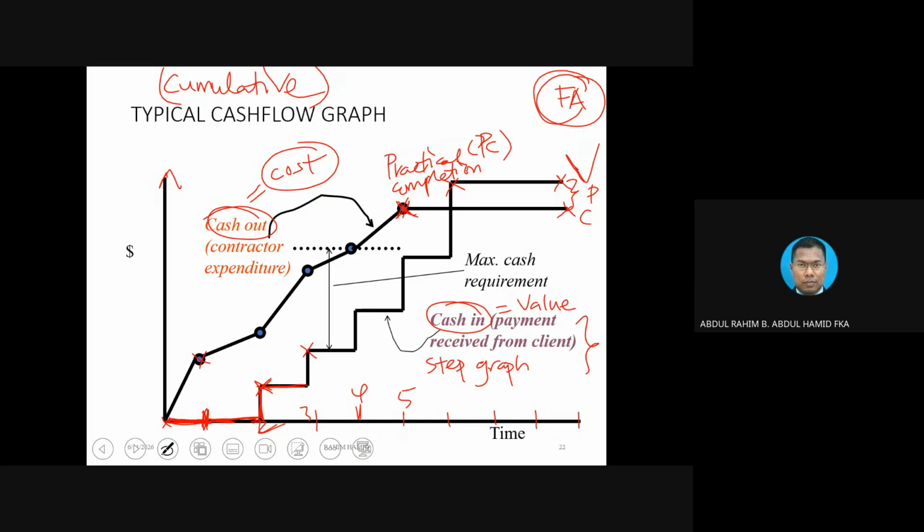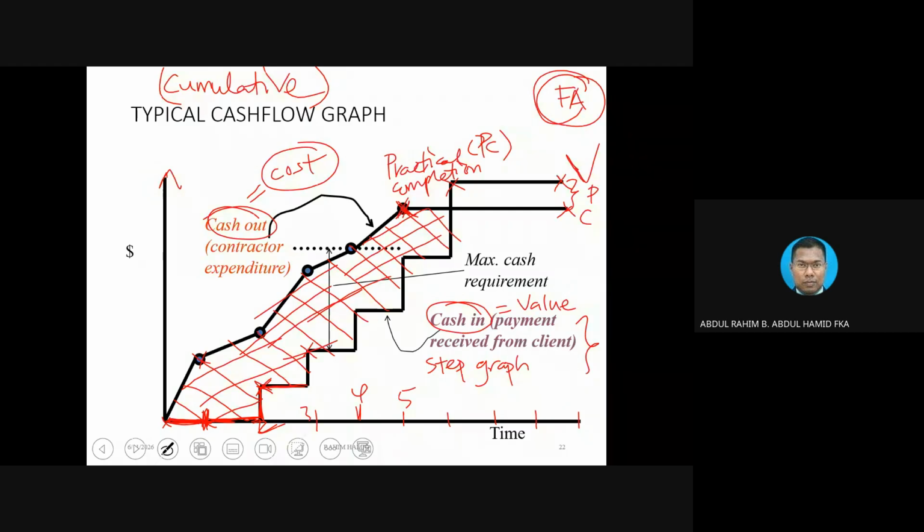And you notice what happens when we plot the graph. This is what happened. You see the part that I put hatching on here. The hatching here indicates what? It indicates the issue. The contractor is basically spending every month more than the money that goes into the bank.